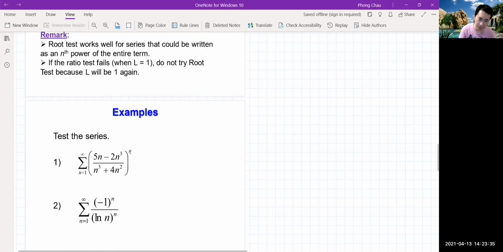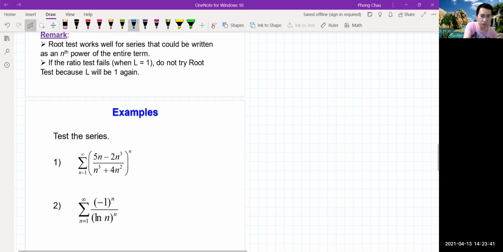Again, the nth power here makes it hard to determine whether the series converges. But if I apply the root test in this case, I'm going to take the limit of the nth root of the absolute value of a sub n as n approaches infinity.